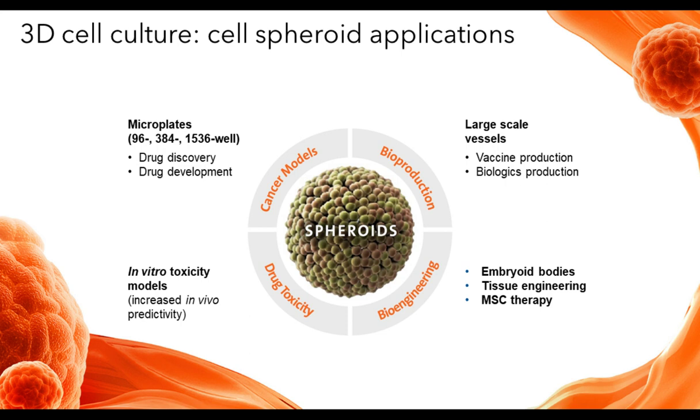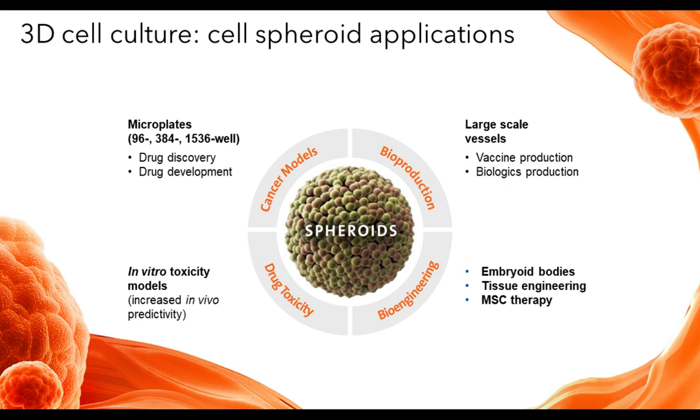You can see that whether they're in a 96, a 384 or a 1536 well format, they can be used for both drug discovery and drug development. Increasingly, spheroids are used in high-throughput screening campaigns, but they are also increasingly used as toxicology models, whereby you can get good prediction of the effect of compounds in terms of their potential drug toxicity or drug metabolism.